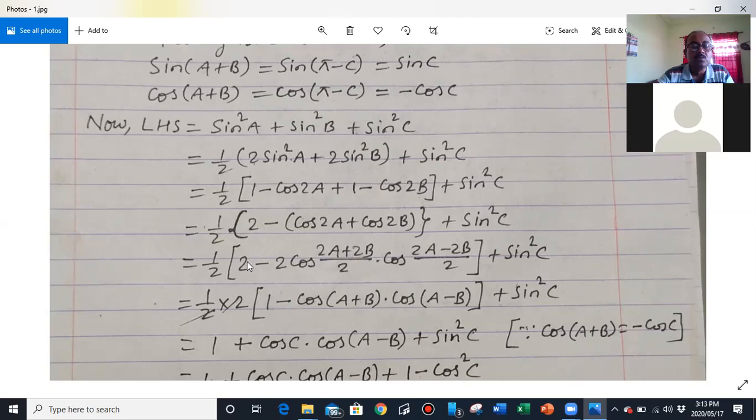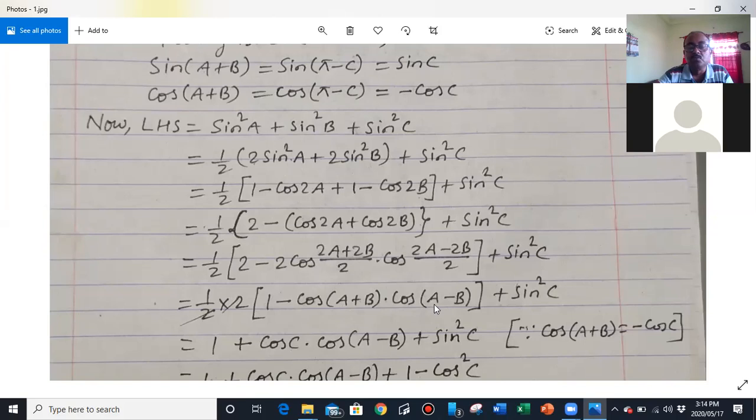Now 1 by 2, 2 is continued, minus. Using the cos c plus cos d formula, 2 cos of 2a plus 2b by 2, cos of 2a minus 2b by 2, plus sin square c. 1 by 2. Now from these two take 2 common. 2 is out. So 1 is left here. What will remain here? Cos 2 cancelled.